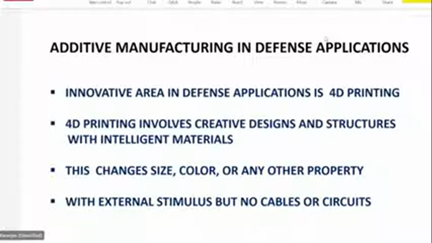If I take a very simple example of additive manufacturing, what is that? It is, slightly, microscopic droplets which will be deposited layer by layer, and ultimately form a design component.